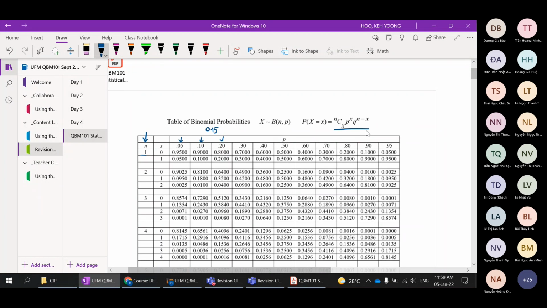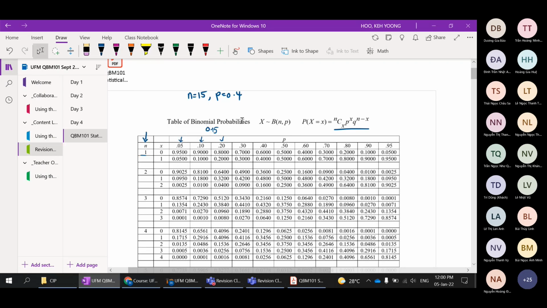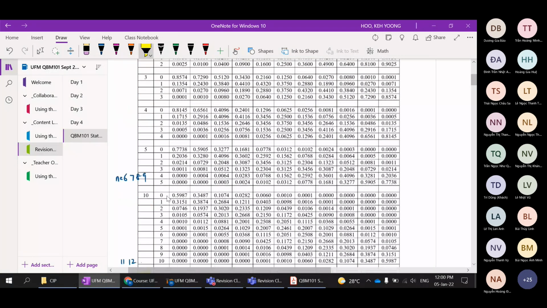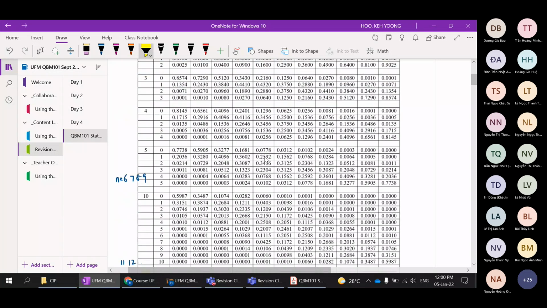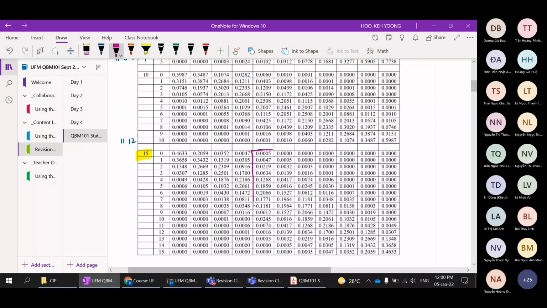So let's say for this question, n is 15 and p is 0.4. Can you refer to the table or not? You can. So you look at n equals 15 and the column 0.4, and go all the way down. These whole columns are the probabilities.